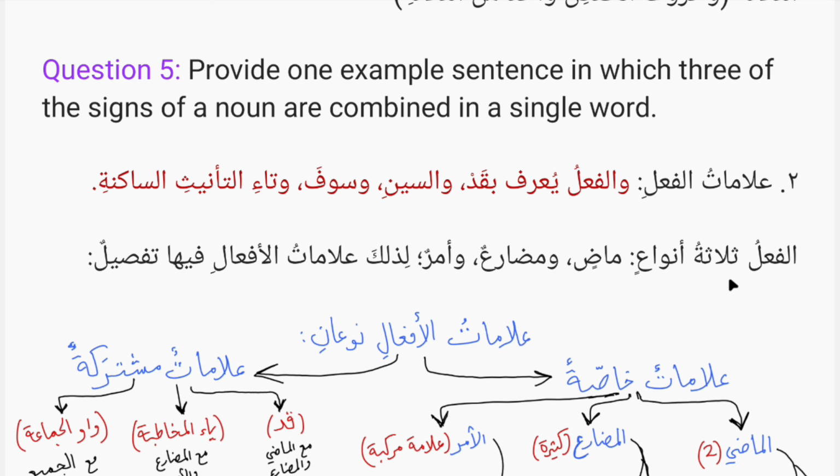So, al-fi'lu thalathatu anwa'. Firstly, we need to understand that verbs are three types, which we should already know. ماضي مضارع أمر فعل ماضي فعل مضارع فعل أمر. And because the verbs are of three types, لذلك علامات الأفعال فيها تفصيل. This is why we have to break down the signs of the fi'l, because they are different types, not like the ism. Ism is just one type of ism.